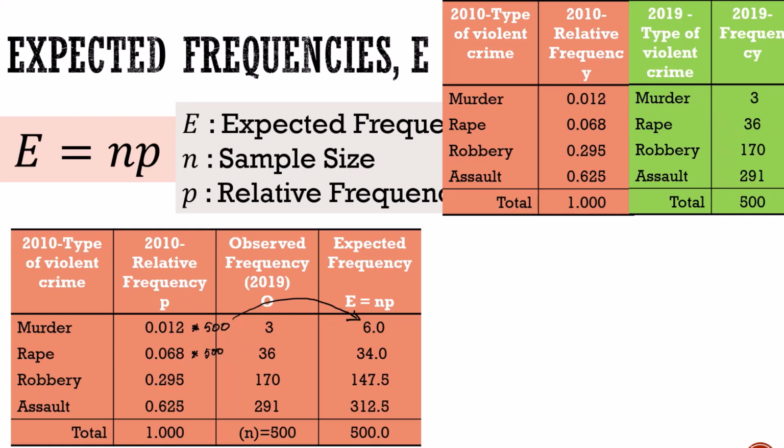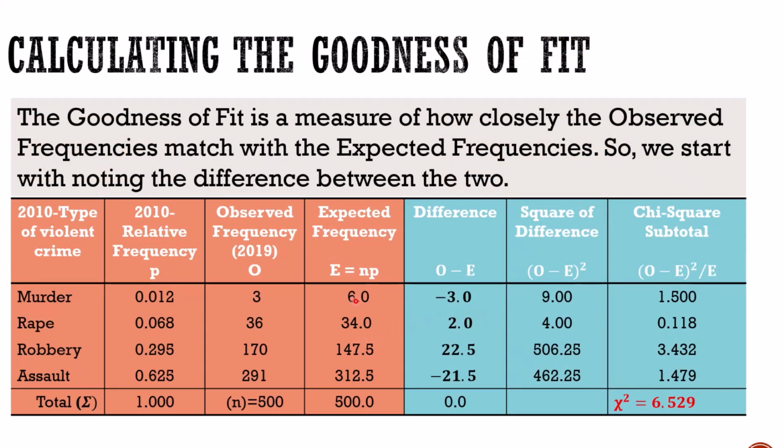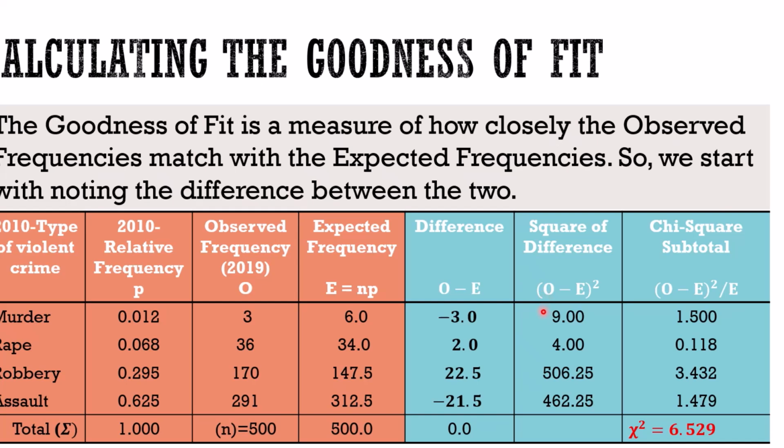All right. Now, once we have calculated all the expected frequency values for the different categories, we can go ahead and extend the table to find our chi-squared test statistic value. And we are going to go again step by step. We have to add a few more columns.